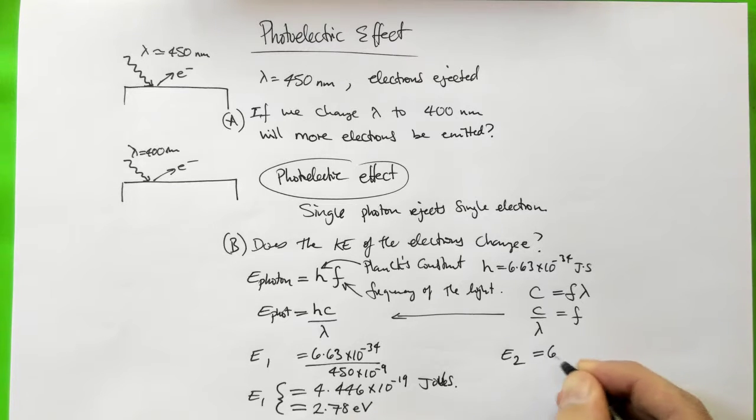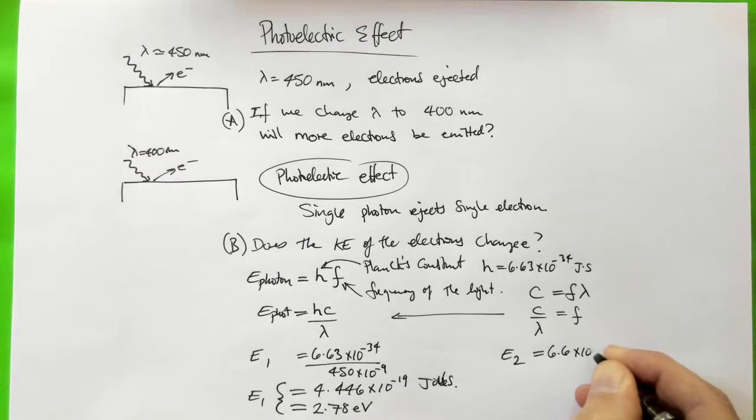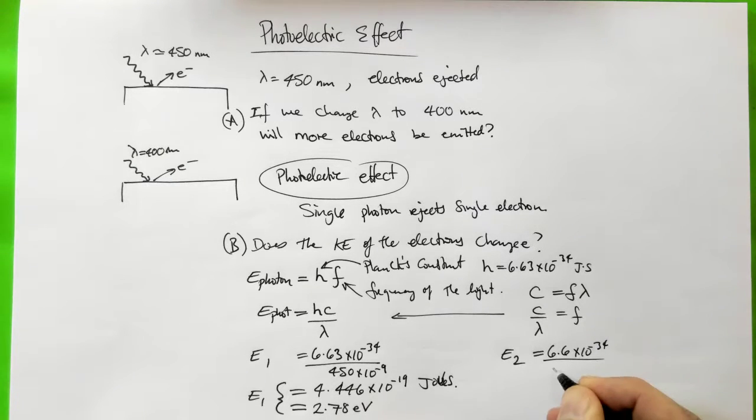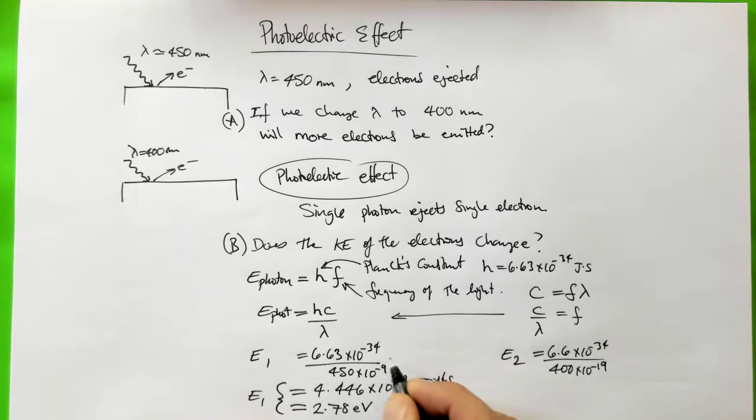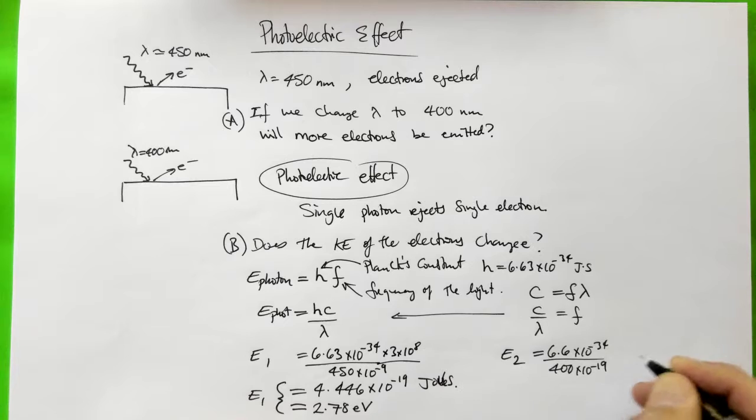E2, so same thing again, 6.6 times 10 to the minus 34, this time over 400 times 10 to the minus 9. You notice that I forgot the 3 times 10 to the 8 up there, so let's just stick that in, times 3 times 10 to the 8, and then for this case, what are we going to get?